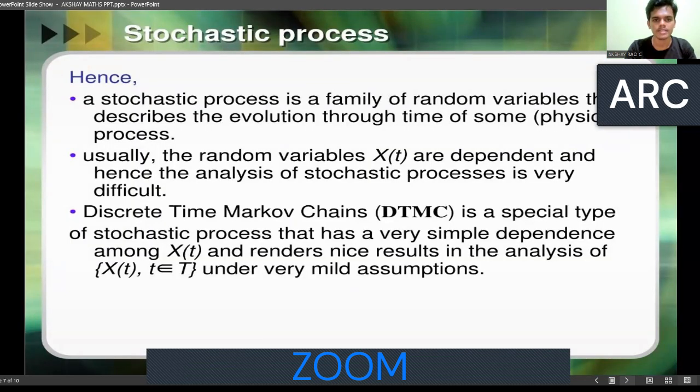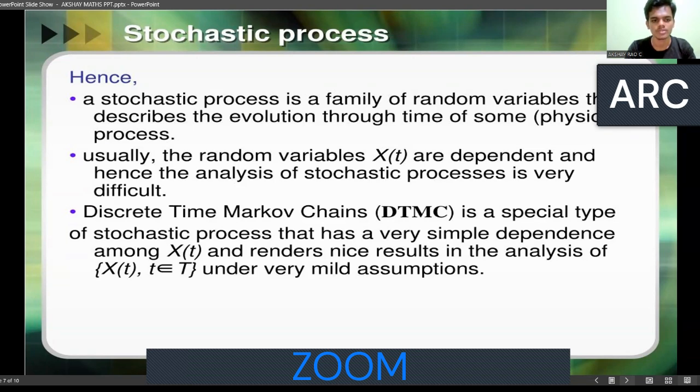Hence, a stochastic process is a family of random variables that describes the evolution through time of some physical process. As usual, the random variables X of t are dependent, and analysis of the stochastic process is very difficult. Discrete time Markov chains, DTMC.